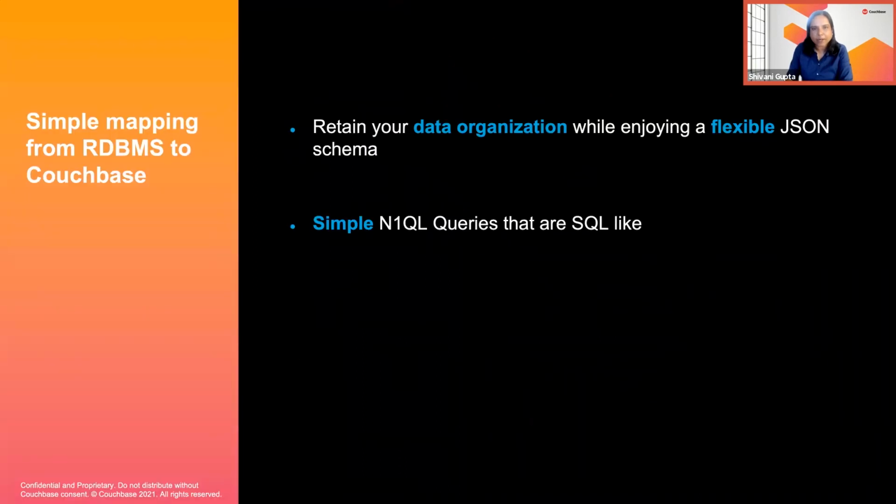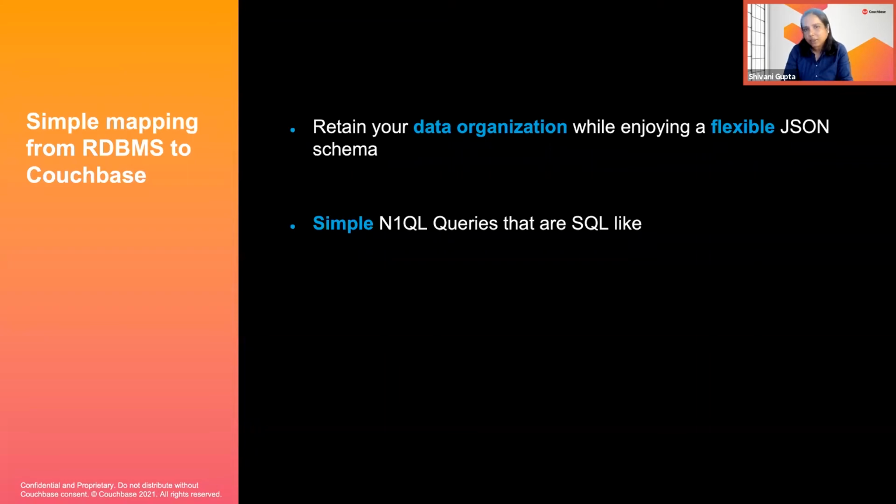So let's look at our first use case, which is how you would migrate an RDBMS application to Couchbase. This is something a lot of you might be considering as your RDBMS application hits scale limits, or you're running into the issues with the rigidity of the relational schema model, and you would like a more flexible JSON model.